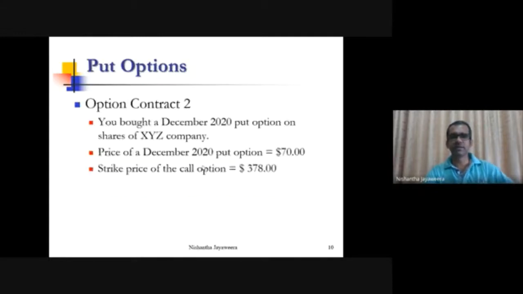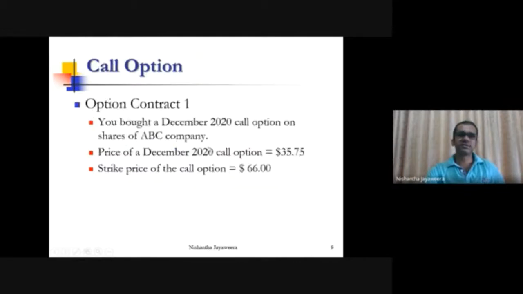Okay, let's go back to this. You bought a December 2020 call option on shares of ABC company. Price of a December 2020 call option, 35.75.